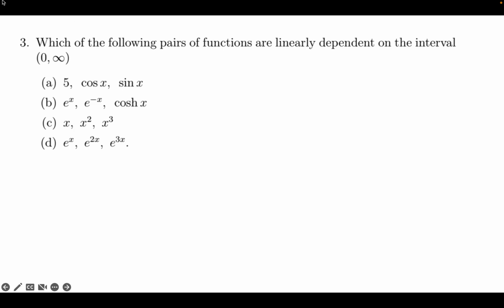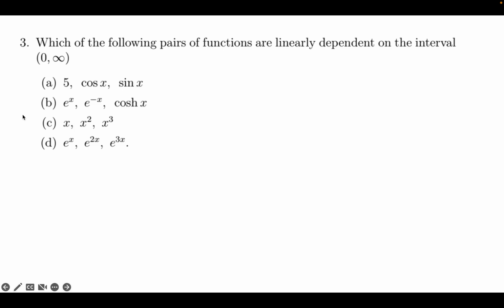Among all four, only one option is correct. All the other three are linearly independent, so only one option leads to a linearly dependent solution.